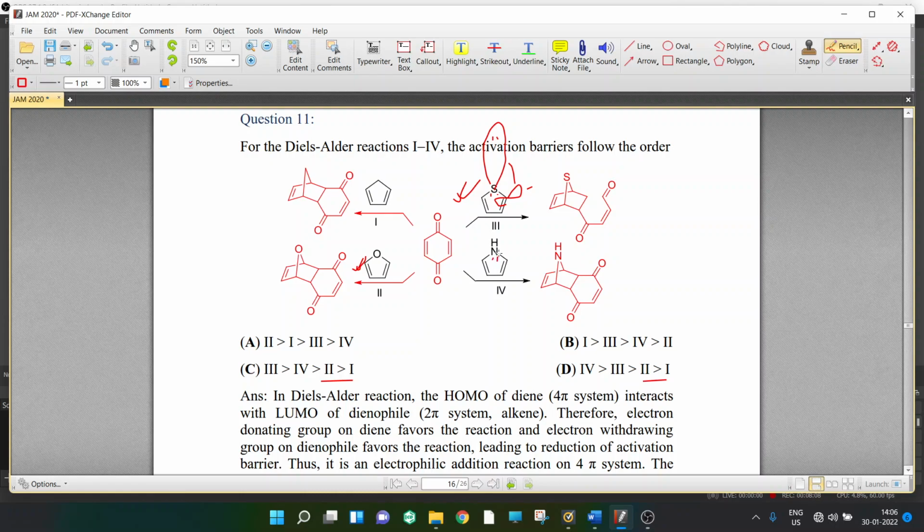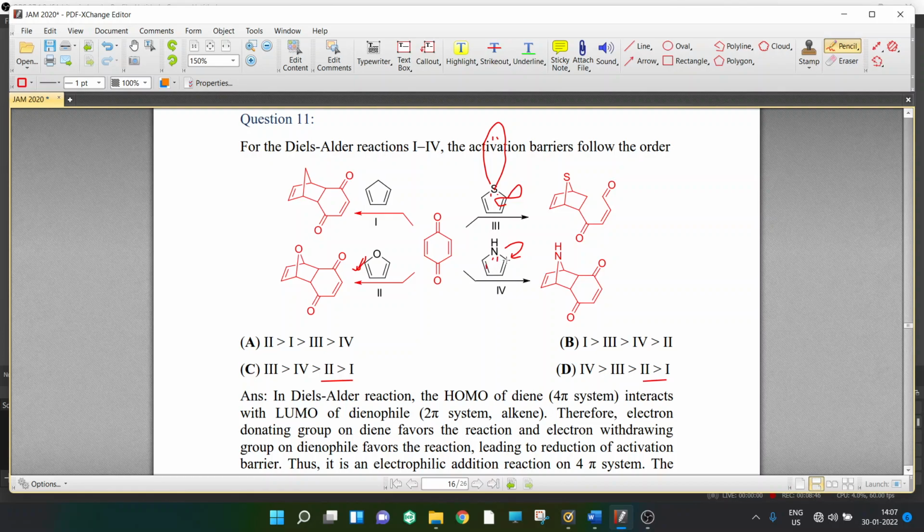Whereas nitrogen has its lone pair of electrons in the 2p orbital itself, and nitrogen is not very electronegative, so the lobe is much larger than what it would have been when it was oxygen. So this lobe is much larger, and very effectively overlaps with the p orbital of the carbon, and therefore a lot of electron density is there on the pi bond.